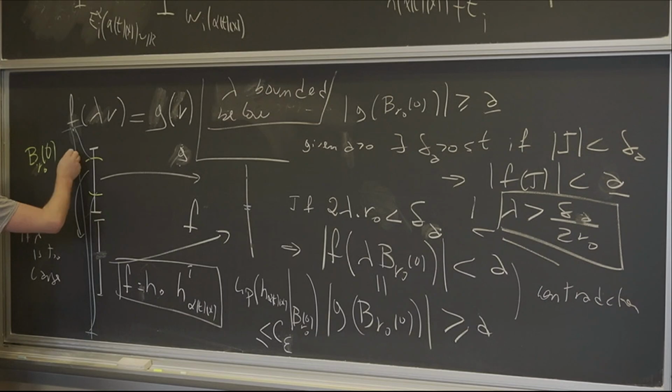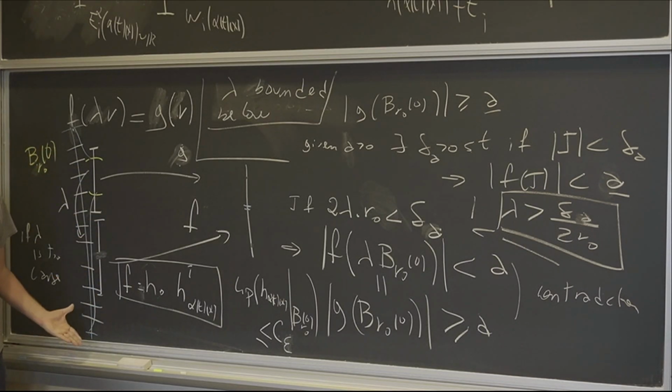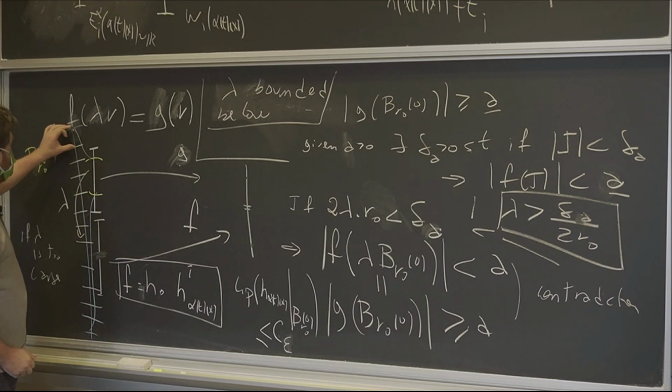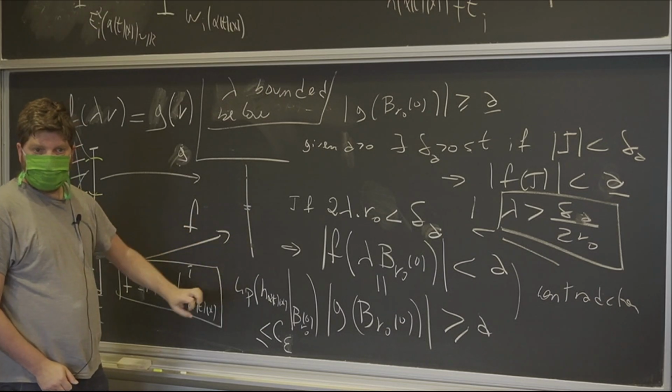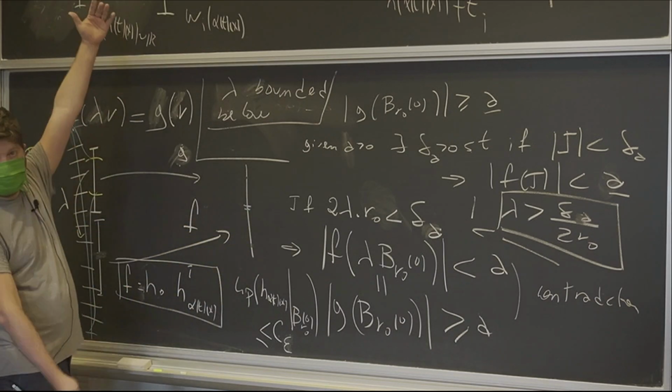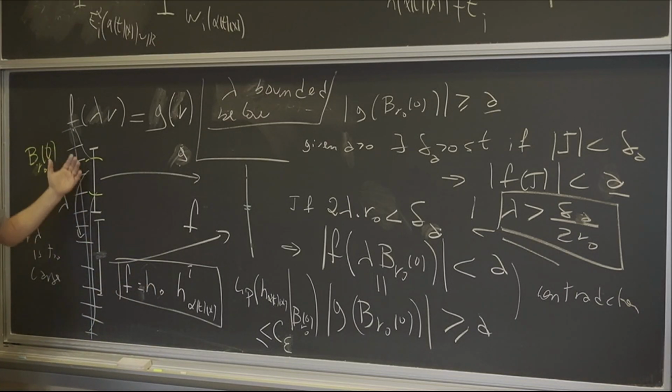The typical way of arguing here would be to chop this huge interval into integer part of lambda intervals of length 1, and then try to argue that each of these intervals is not collapsed here, and they are disjoint, and then they will be too long. But disjointness is not at all obvious. Even non-collapsing is not at all obvious because the non-collapsing we only know on a set of very large measure, and we don't know how this set of large measure hits this long interval.